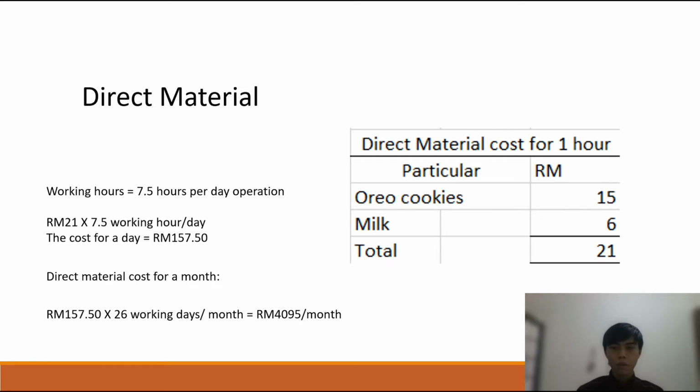So we multiply the total direct material cost by 7.5 hours, and we will get the cost for a day, equal to 157 ringgit and 50 cents. To find out the cost of direct material for a month, we multiply the cost for a day by 26 days, and we get 4,095 ringgit per month for the total cost of direct material.